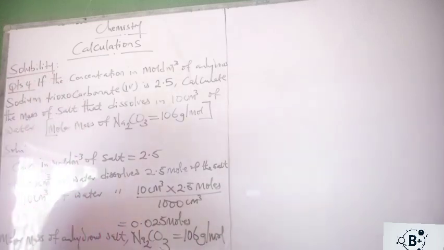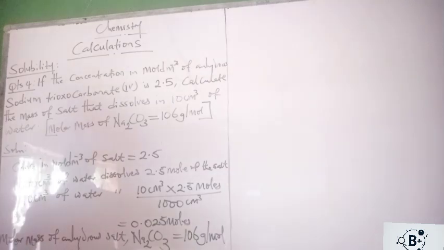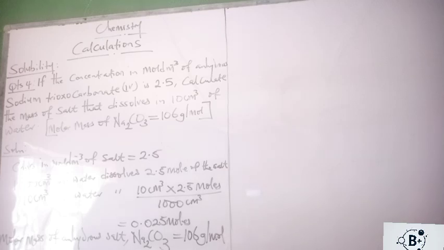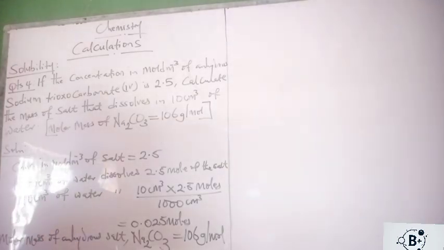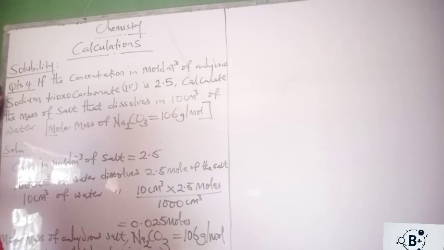So the molar mass of the anhydrous salt has been given to us. To now get the actual mass that dissolves in 10 cm cube, the mass of Na2CO3 that dissolves in 10 cm cube of water is equal to, we now multiply the molarity, the concentration we got here, by the molar mass.